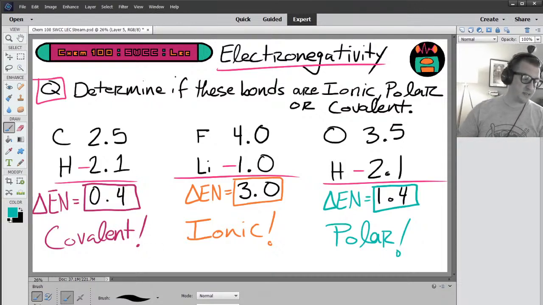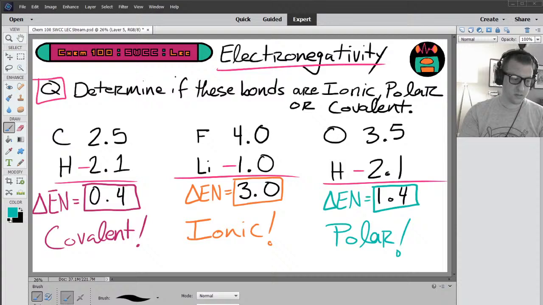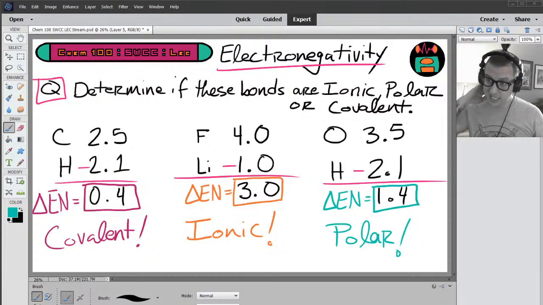Carolina, great question. So Carolina asked, how do you know which one to subtract? You always subtract the smaller one from the bigger one. Your difference in electronegativity should always come out to be positive. All right.